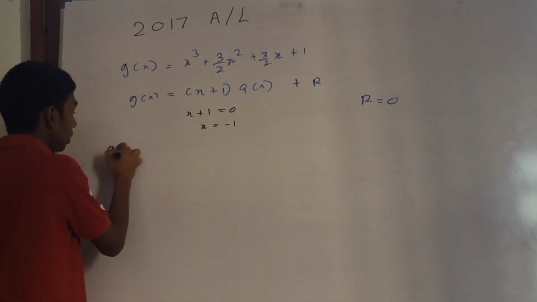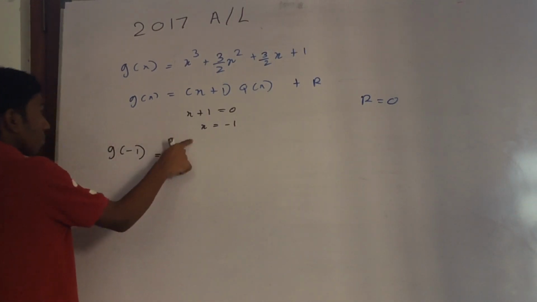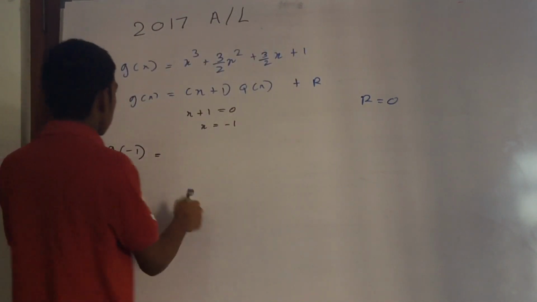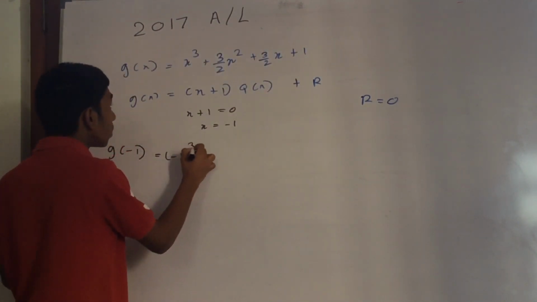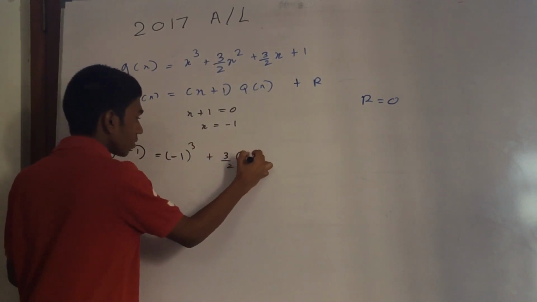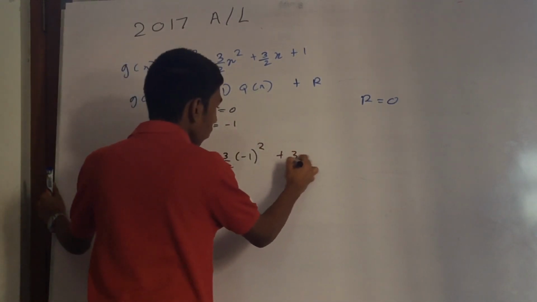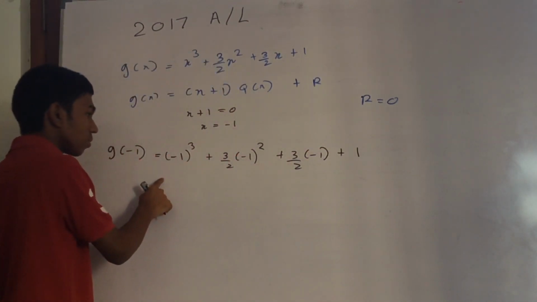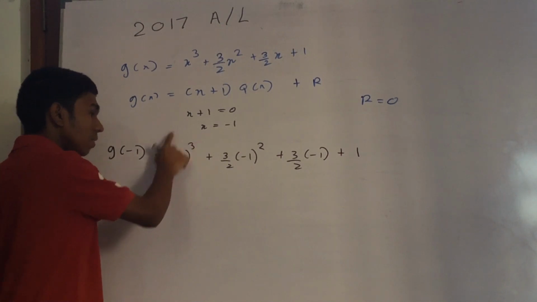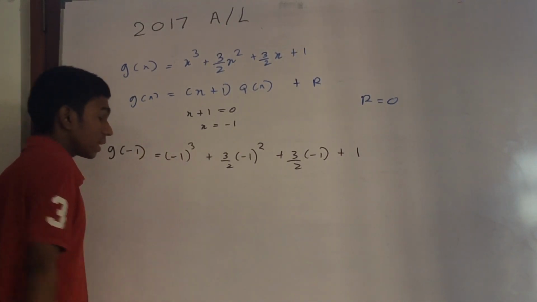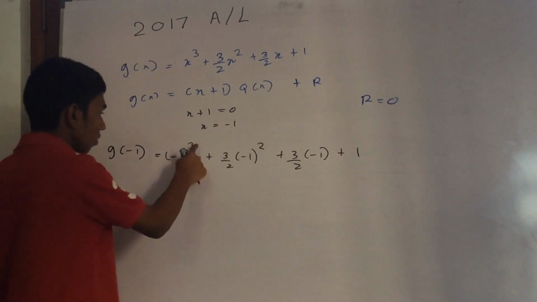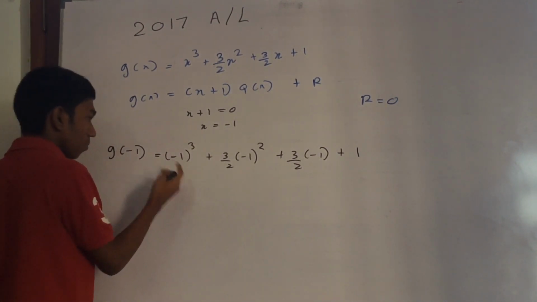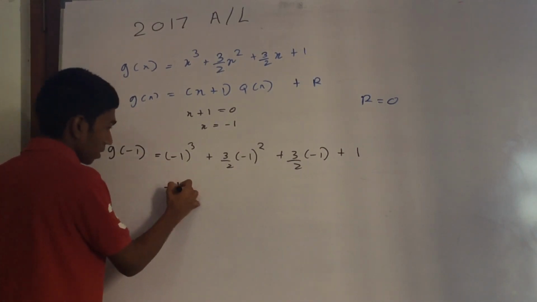Right, g(minus 1) is equal to, substituting into this equation, minus 1 cubed plus 3 over 2 into minus 1 squared plus 3 over 2 into minus 1 plus 1. Minus 1 cubed: if the index is an odd number on a negative base, the answer will always be negative, so it will be minus 1.